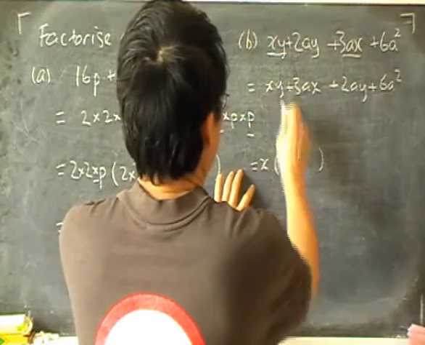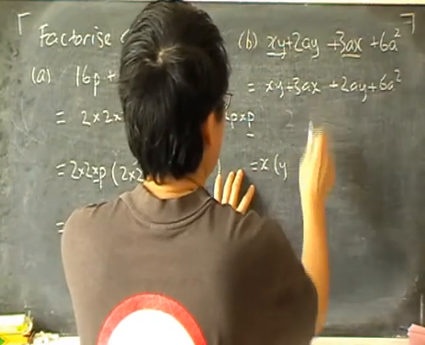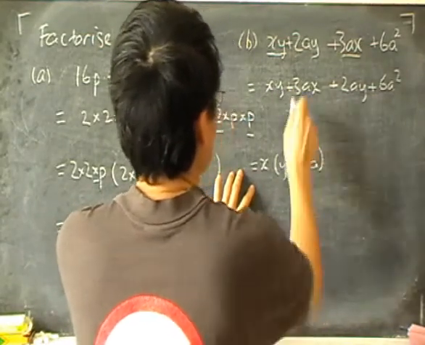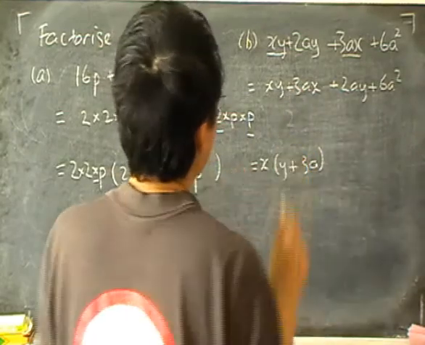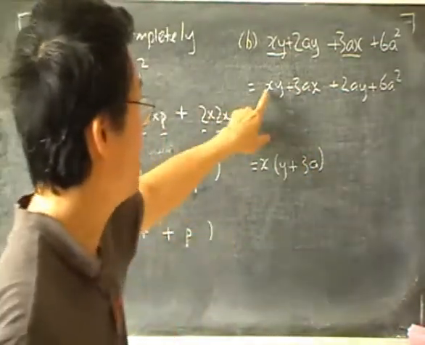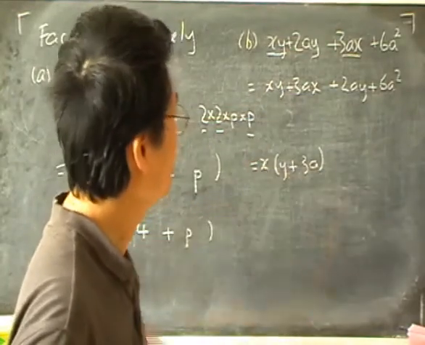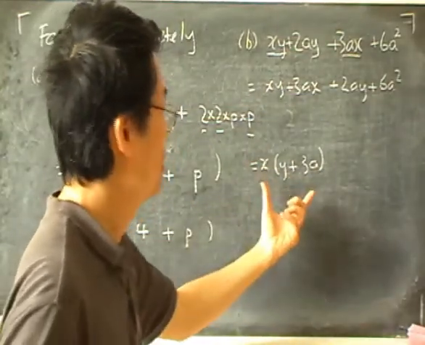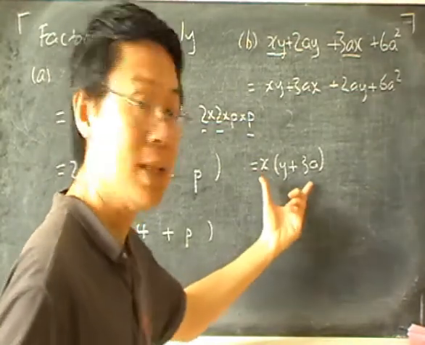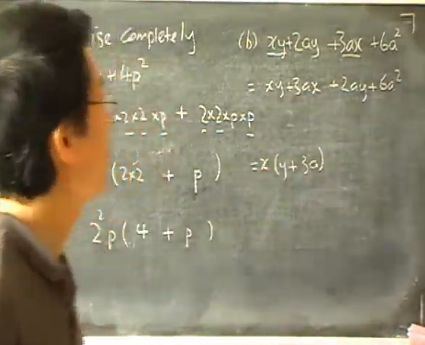So I have y here and I have 3a down here, and I must put in the right sign, which is a plus. So I've just taken out the x, I've taken x out of a bracket, and I have in a way factorized those two terms.